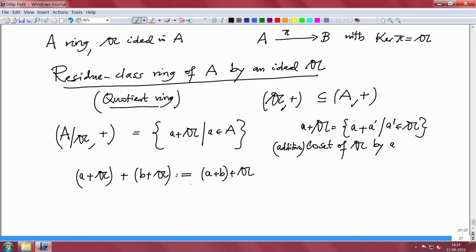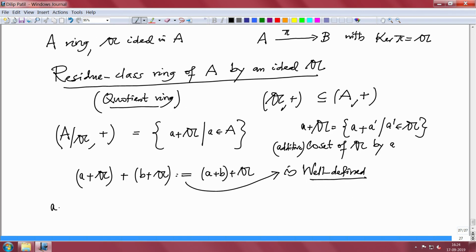And now we will have to check that this definition is well defined. That means this definition does not depend on the representative of a and the representative of b. So I will only write down the problem and I will leave it for you to check that this is correct.